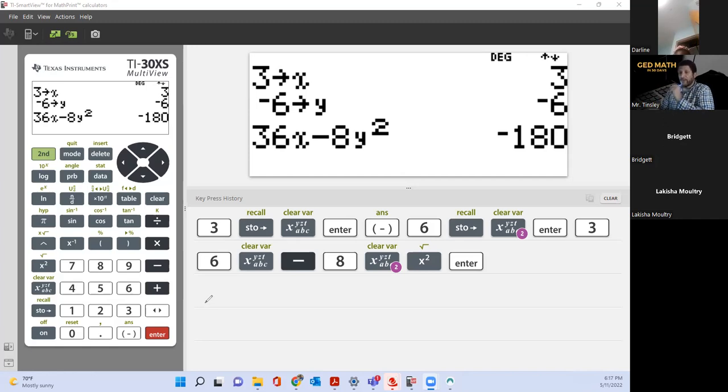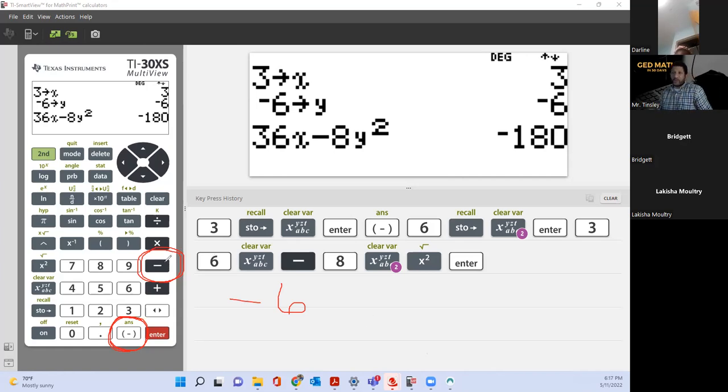What she did was she saw -6, so she hit this minus sign right here. If the expression starts with a negative, you must use this negative near enter.